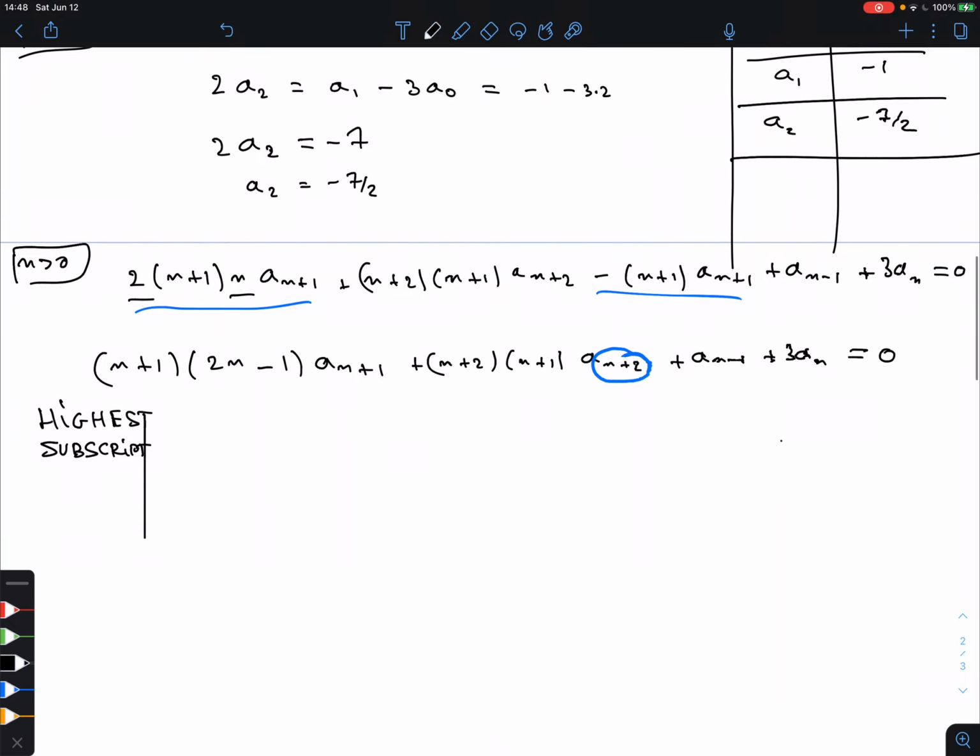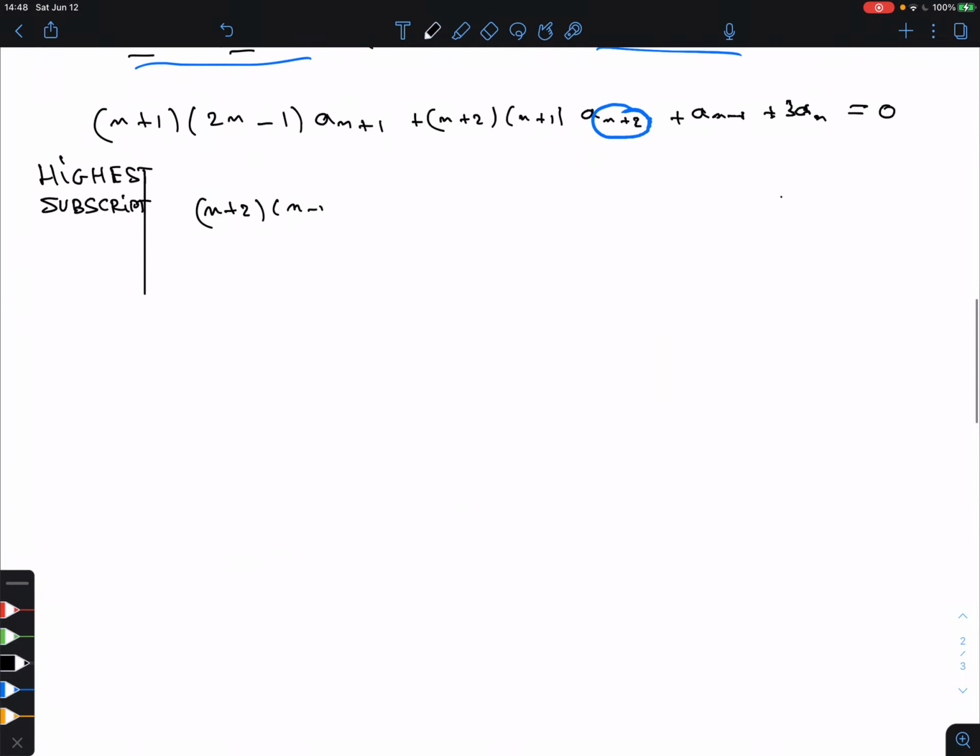So we get n plus 2 times n plus 1, an plus 2, and then the other ones we bring all to the other side. So that is a big minus sign, minus.